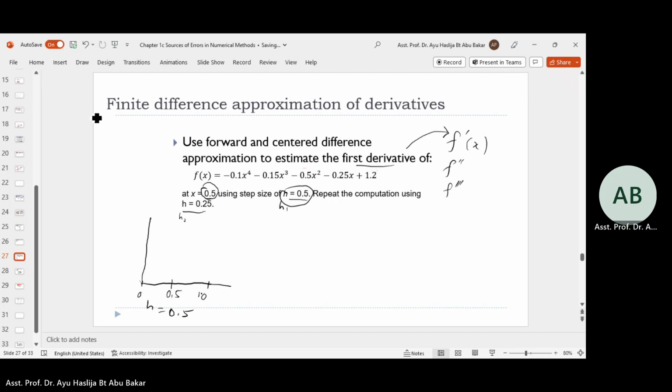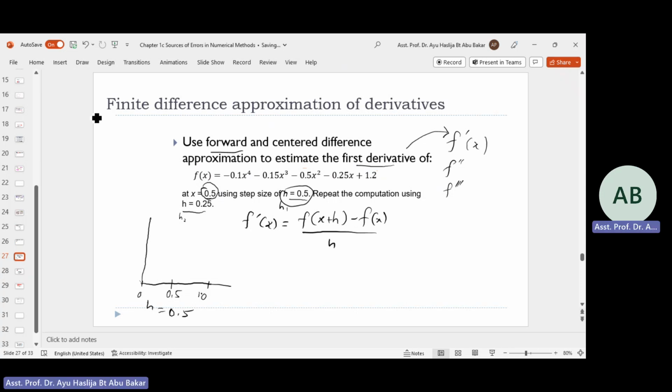Now find what is forward. We start with forward for this function. Forward f1 prime, the first derivative: the equation is f(x plus h) minus f(x) over h.